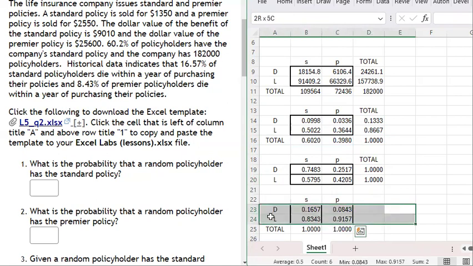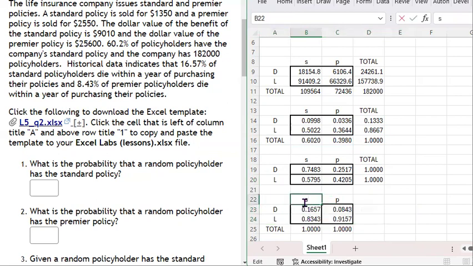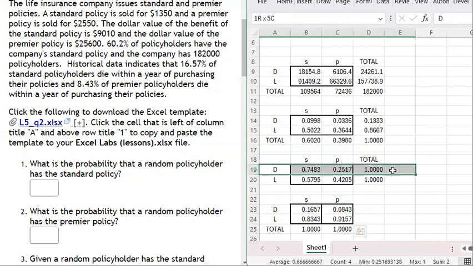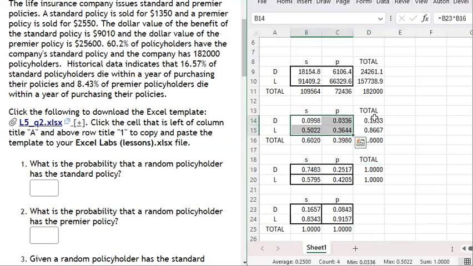So these are the conditional probabilities, conditional on type of policy purchased, right? This is the conditional probabilities, conditional on outcome of the policyholder, death or continue to live, right? These are joint probabilities. These are marginal probabilities, and these are a second set of marginal probabilities, right? So we've done this several times with raw data, right? And then using a pivot table.